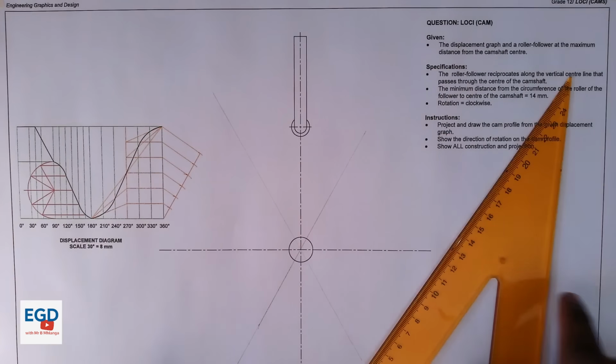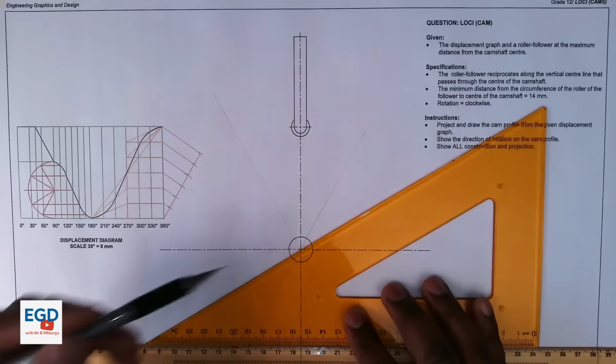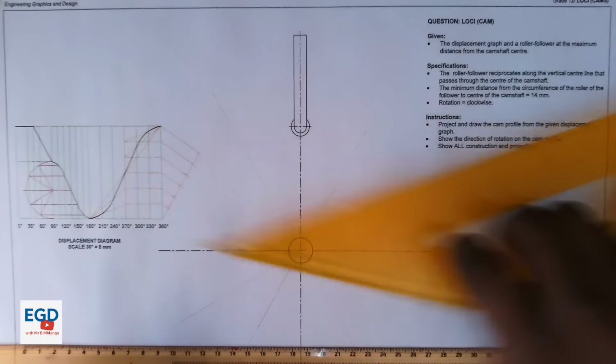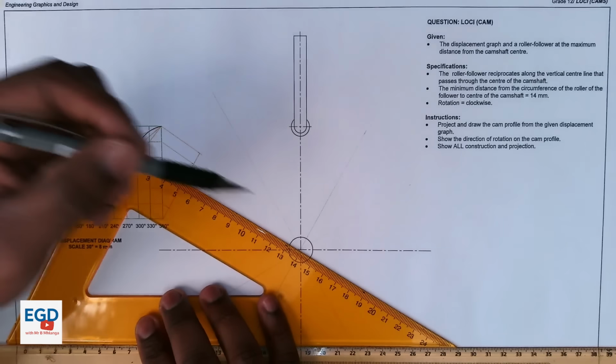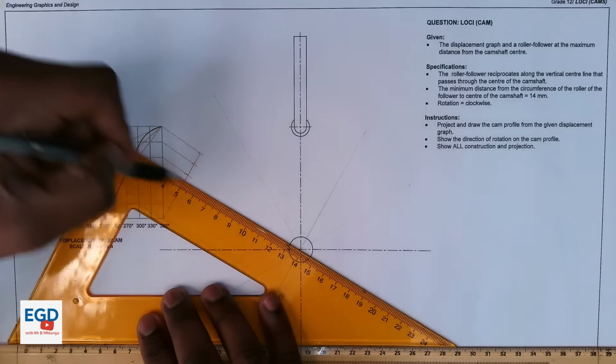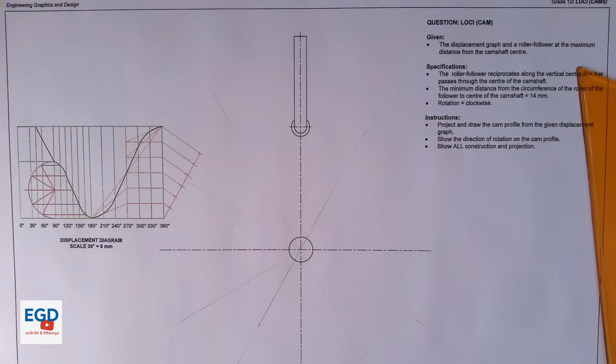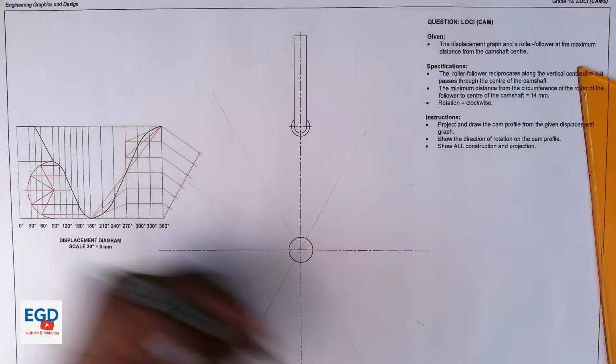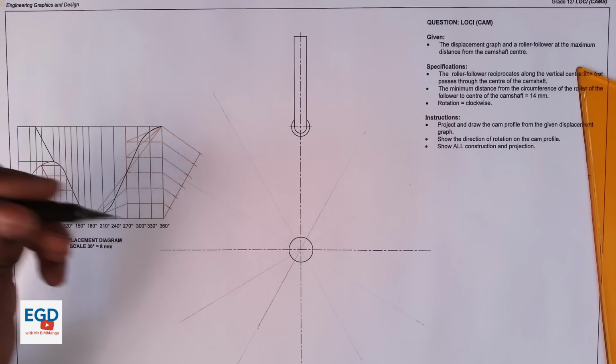Just extend that. Then I can label the points around.